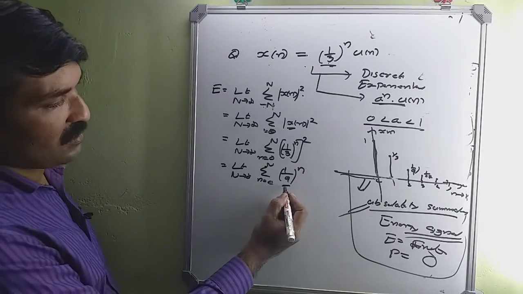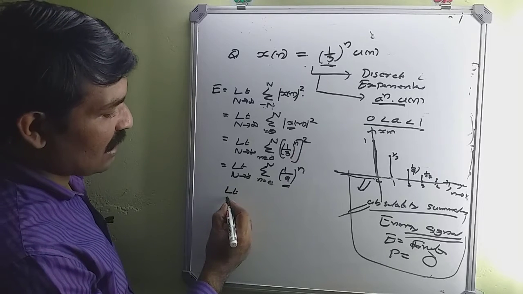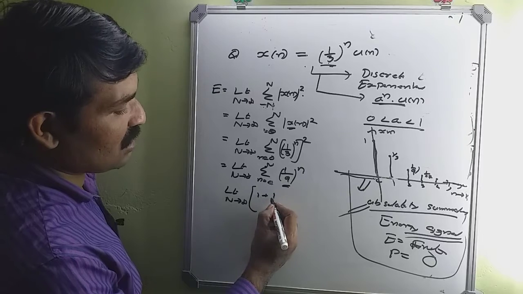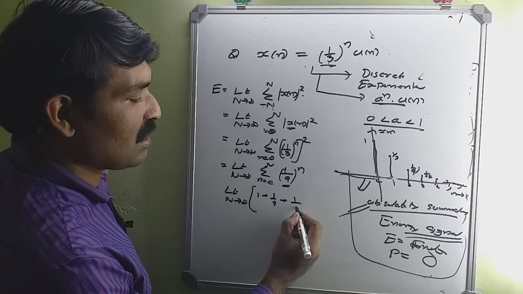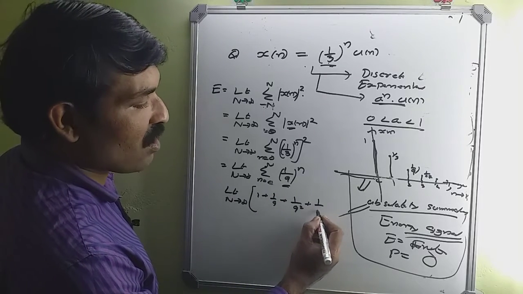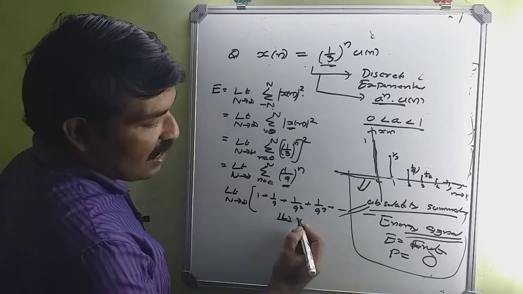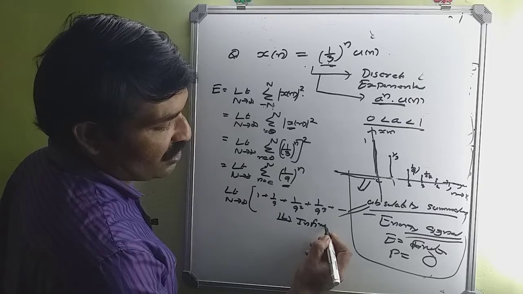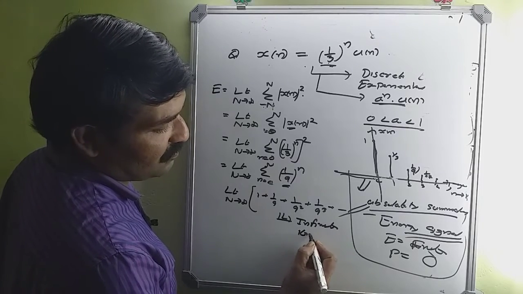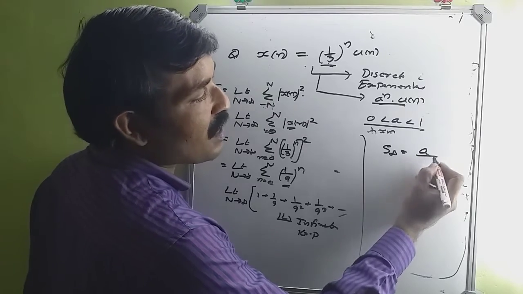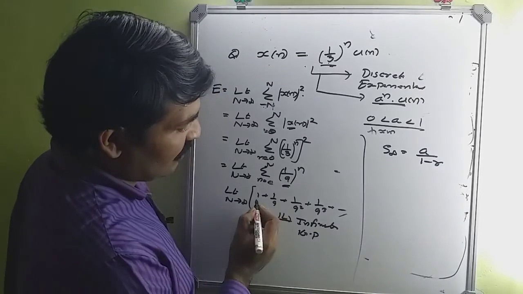Now expand this. That becomes limit n tends to infinity of 1 plus 1 by 9 plus 1 by 9 square plus 1 by 9 cube and so on. This is an infinite GP, with infinite terms, whose sum is equal to a by 1 minus r, where a is the first term.